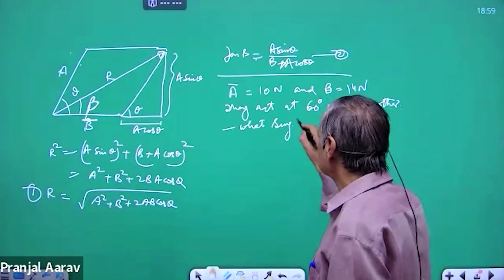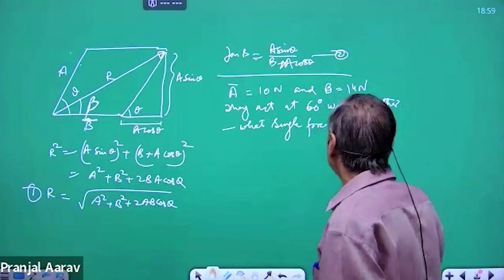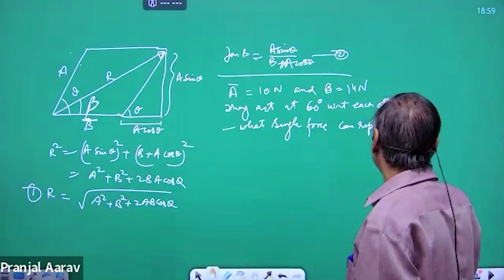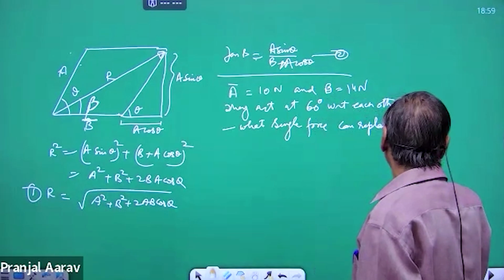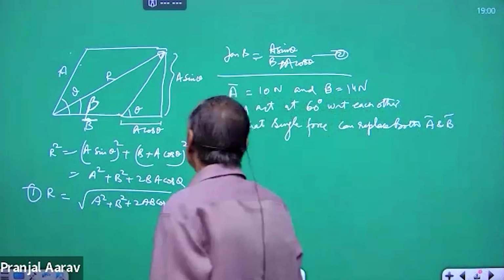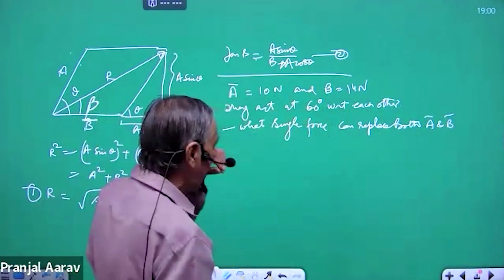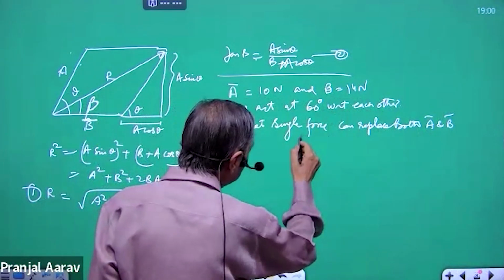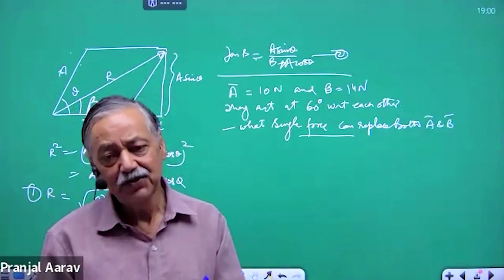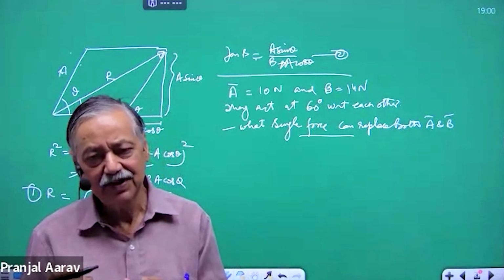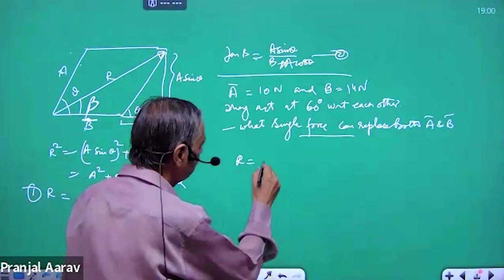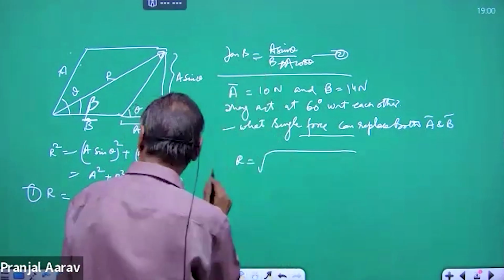What single force can replace both A and B? So single force is whenever we say a force, that means it's a vector. And a vector you have to give both its direction as well as the magnitude. R is equal to root of A square plus B square plus 2AB cos theta.